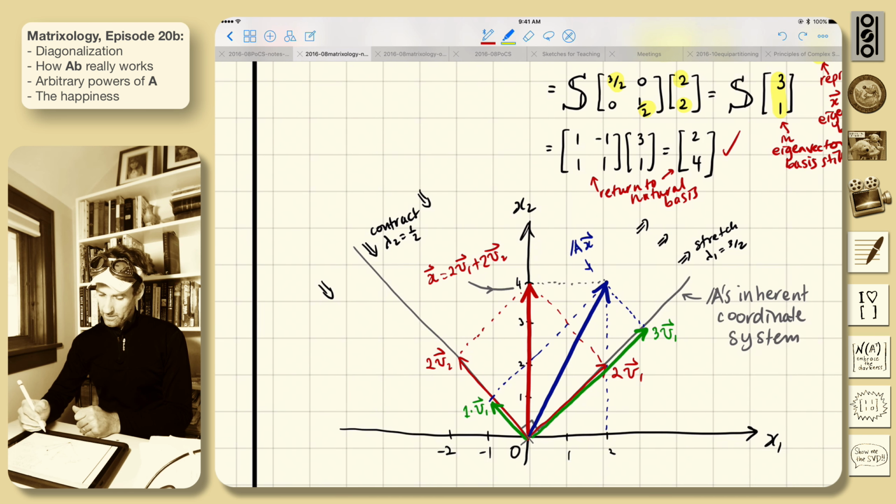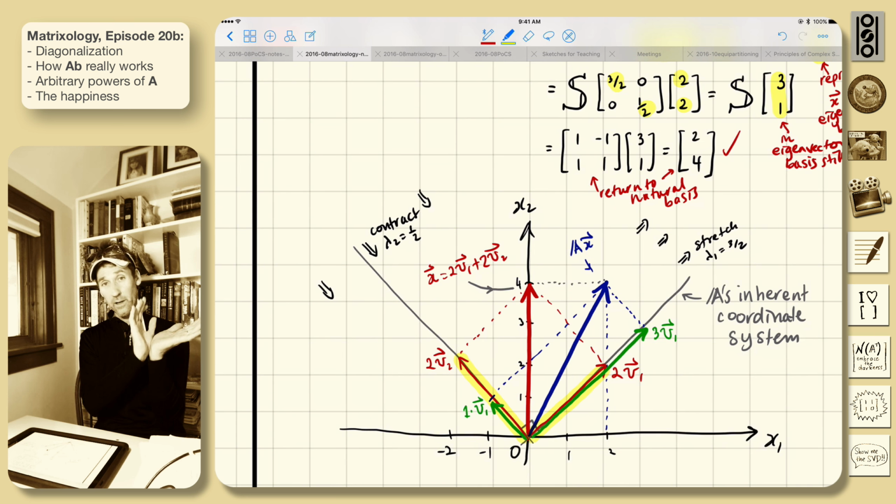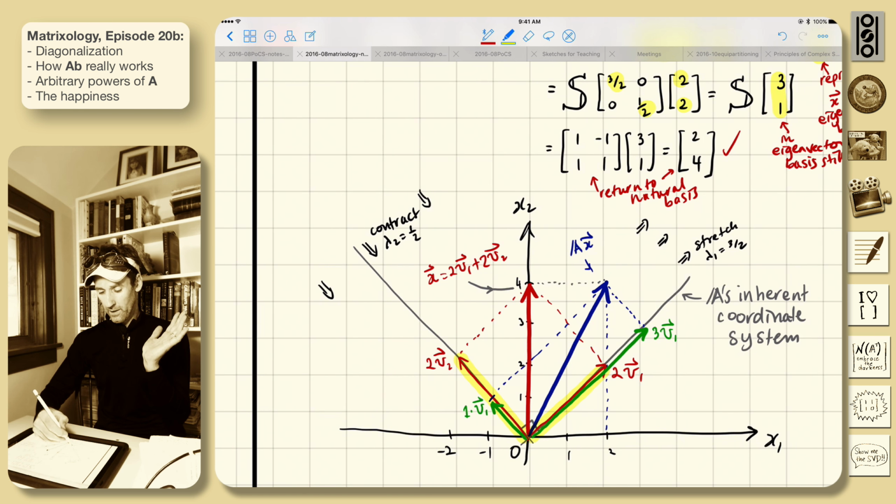So if we're in that basis, this vector is just going along the axes, and we simply halve one of them and multiply the other by 3 halves, 50% longer.